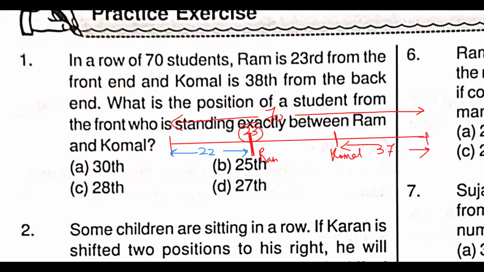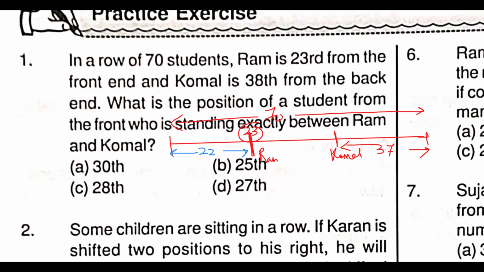Okay, yes. Now the question is, now this much we know. Now the question is what is the position of a student from the front who is standing exactly between Ram and Komal? We do not know how many persons are sitting between Ram and Komal.